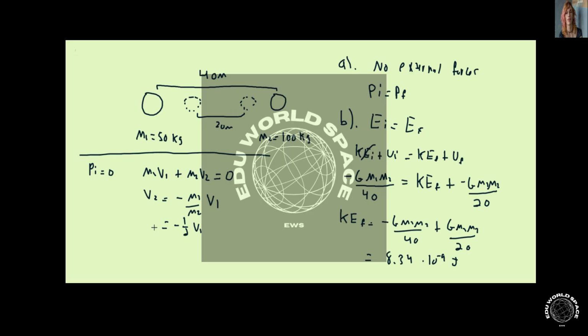Given that, we can now say that our kinetic energy, which we know the value of, 8.34 times 10 to the negative ninth, should be 1/2 m1 v1 squared plus 1/2 m2 v2 squared. And then v2 we can just say is half the magnitude of v1.